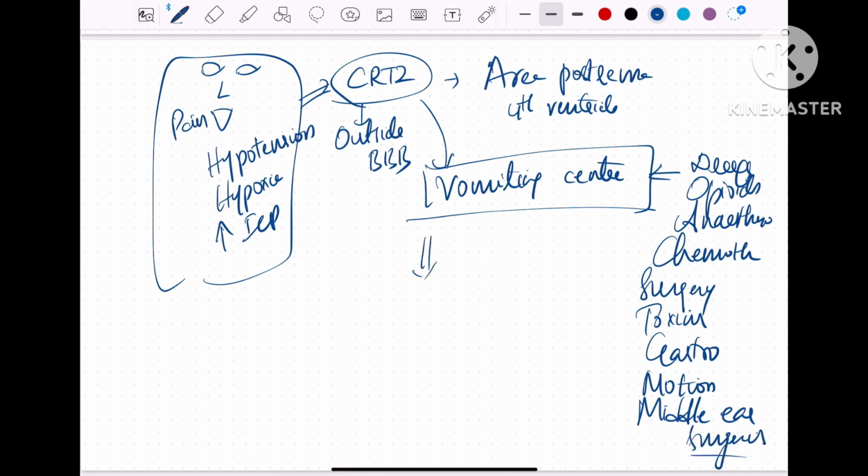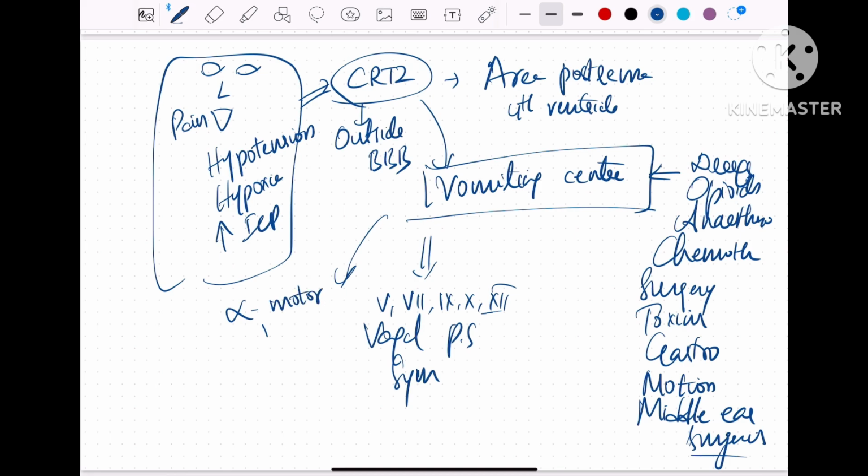The efferent signals go via cranial nerves 5, 7, 9, 10, and 12, through vagal parasympathetic and sympathetic fibers, and also through alpha motor neurons to skeletal muscles. So now we saw what emesis is and the central mechanisms happening in emesis.